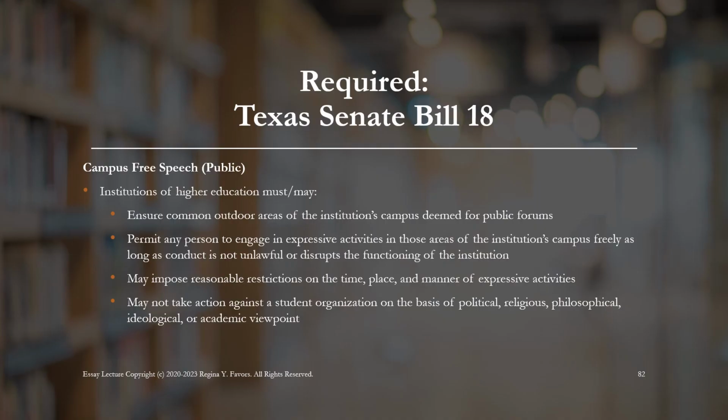So your Texas Senate Bill 18, institutions of higher education must and may ensure common outdoor areas of the institution's campus deemed for public forums, permit any person to engage in expressive activities in those areas of the institution's campus freely, as long as conduct is not unlawful or disrupts the functioning of the institution, may impose reasonable restrictions on the time, place, manner of expressive activities, may not take action against a student organization on the basis of political, religious, philosophical, ideological, or academic viewpoints.